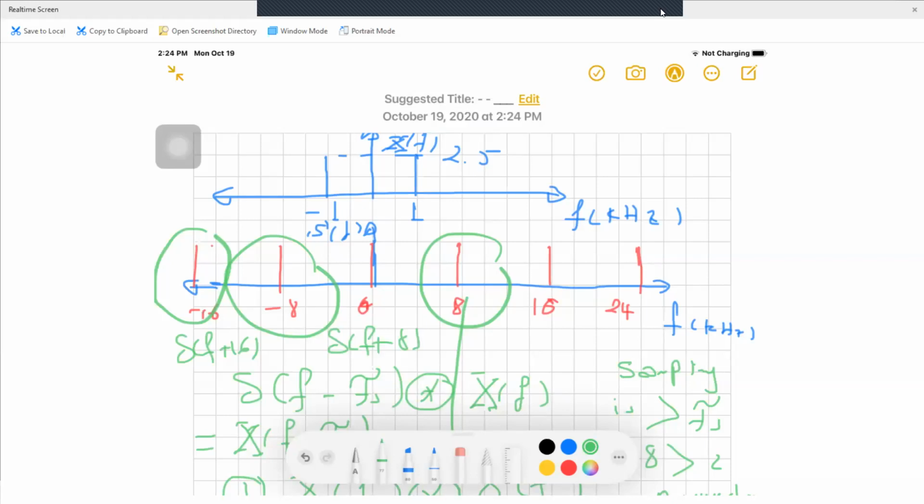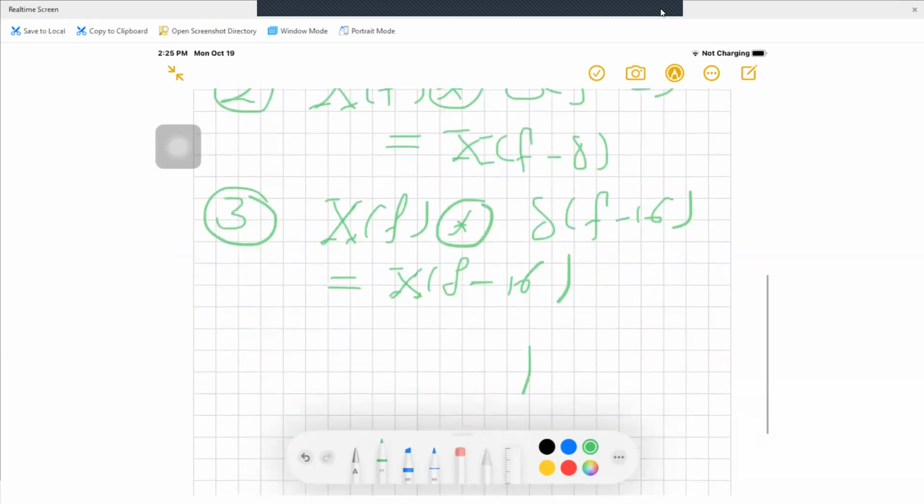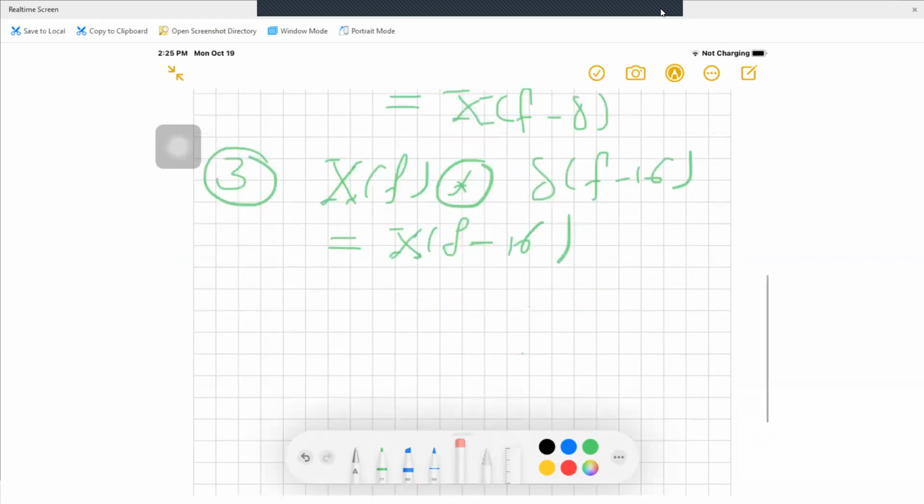Is it a difficult job? No, it's very simple. I'm just going to shift the center of X(f): first at 0, then at 8, then at 16, then at minus 8, then at minus 16. Now let us draw this signal.